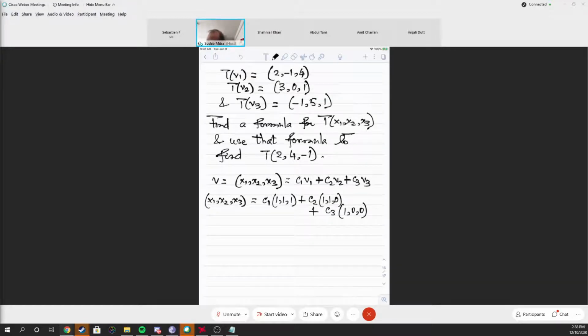So x1 is C1 plus C2 plus C3. x2 is C1 plus C2. x3 is C3.